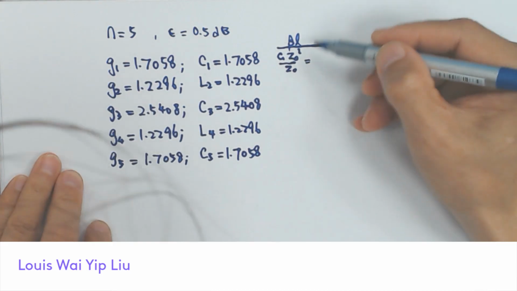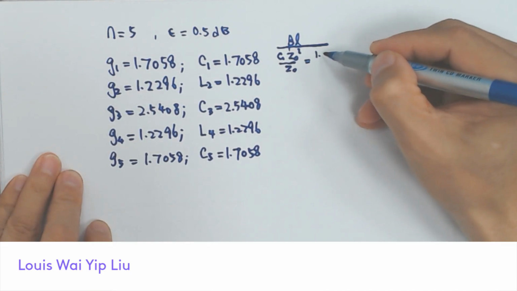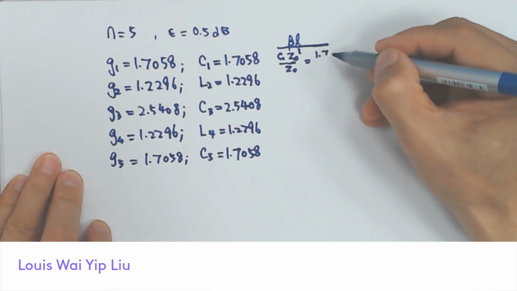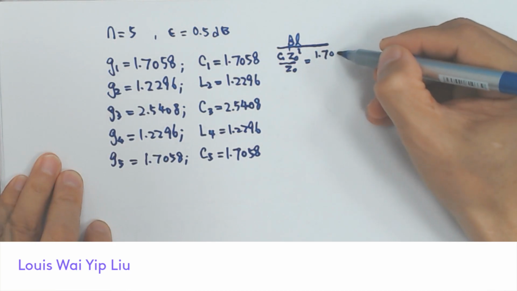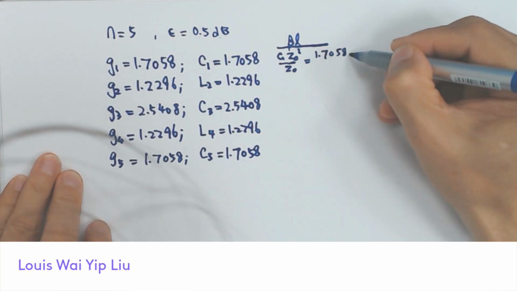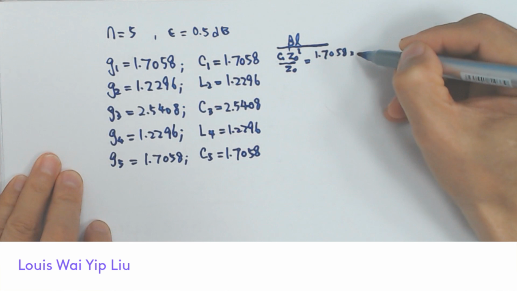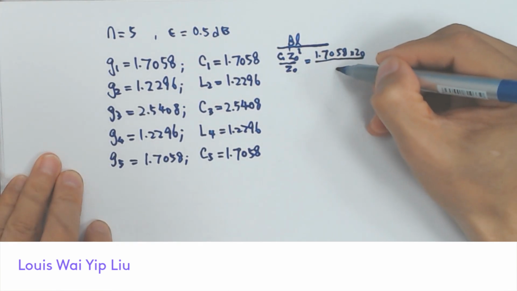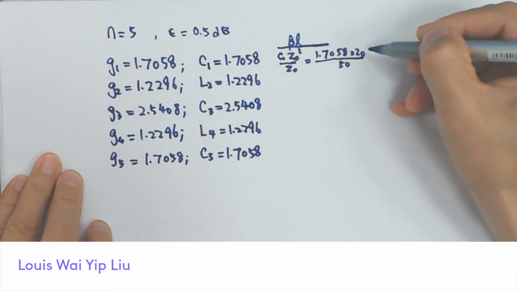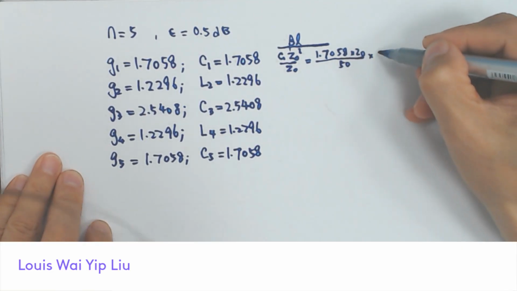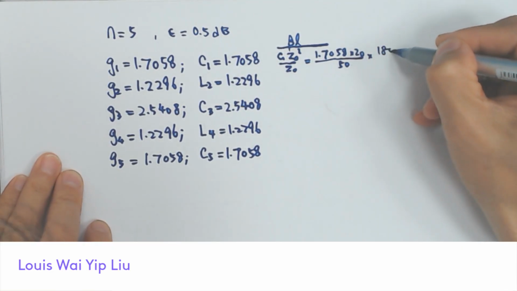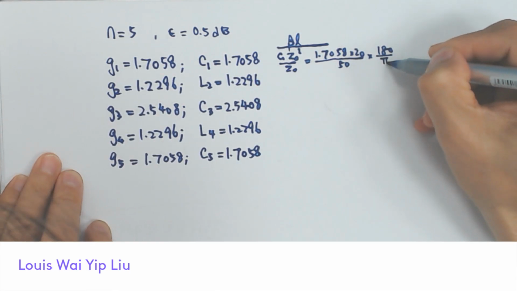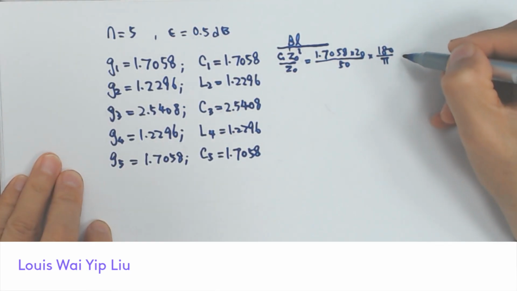In this case, it's going to be 1.7058 times 20 divided by 50. And obviously, we need to change it to degrees.